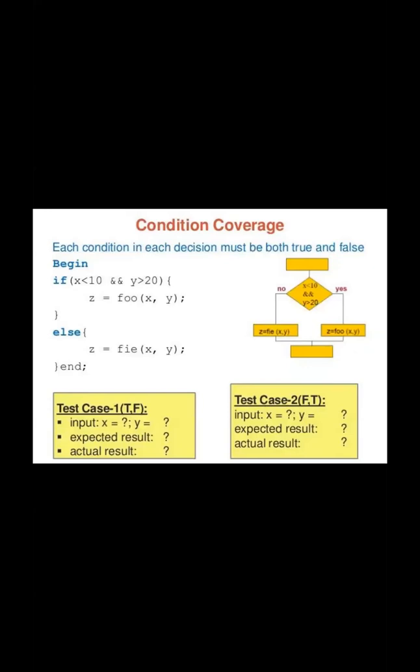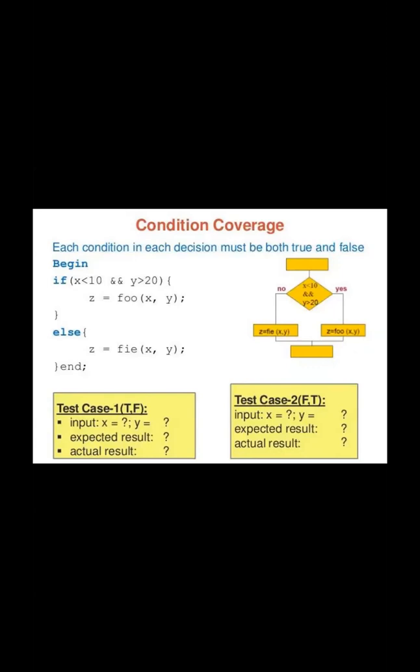So the next topic is condition coverage. In the same way, the condition checks for the constraints. If the condition is satisfied, it executes the statements in the if part. If the condition is true, it executes the statements followed by if. If the condition is false, it executes the statements followed by the else part. For the given code, we draw the flow graph and take test case 1 for true, false, because here we have two variables, x and y.